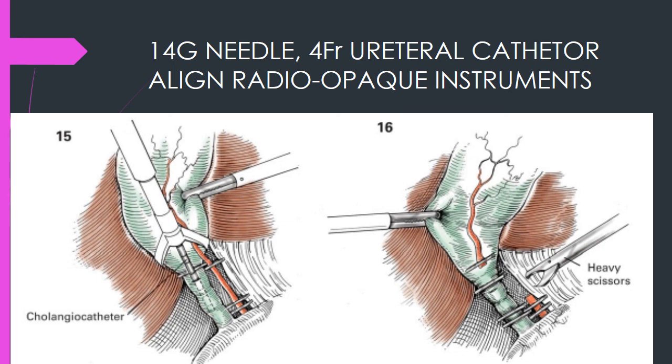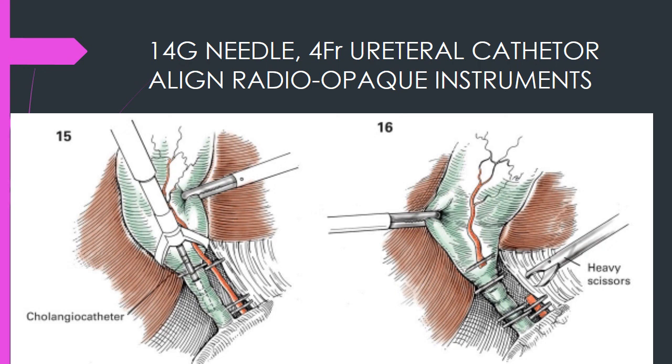You need to take your instrument, which has at the tip a 14 gauge needle, through which you can pass a 4 French urethral catheter. Put it just proximal to your clip and pass the catheter through the cystic duct. Take off all the radio-opaque instruments away or align them away, and then you can shoot your X-ray.